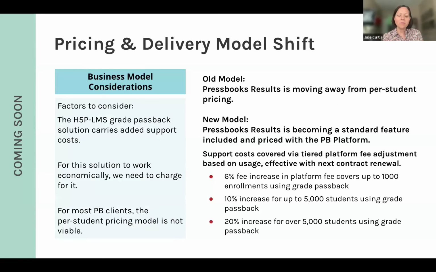We have done some adjustments to our pricing structure. One of the things that is changing is we are building the LTI integration into the baseline platform. So there will no longer be an extra charge for LTI. In the case of a shared network, that becomes part of the premium buy-in.